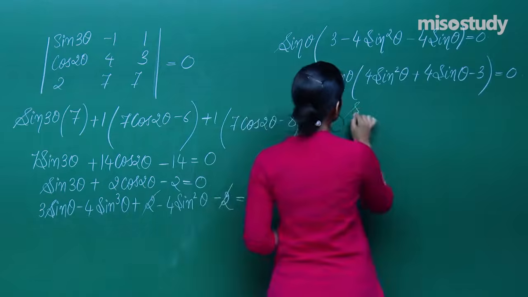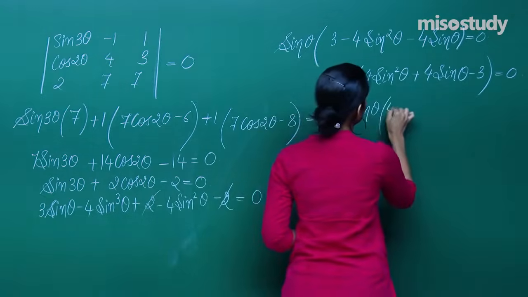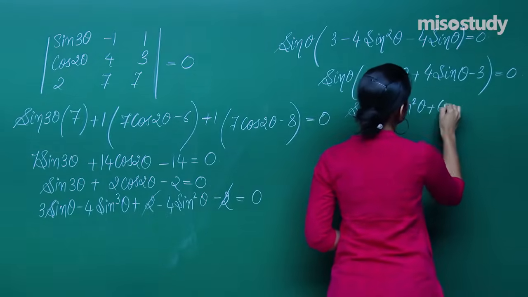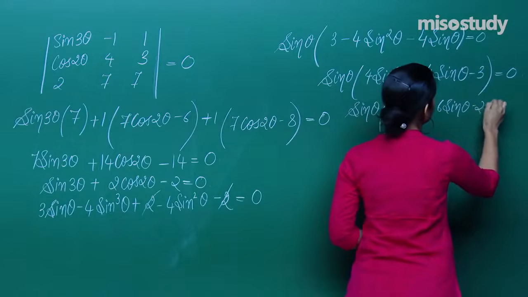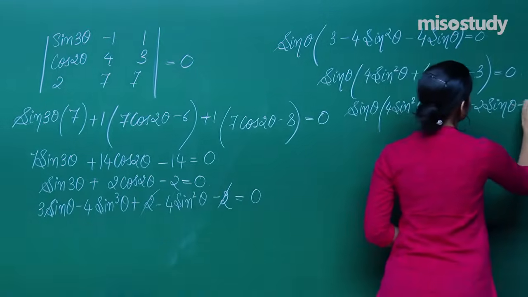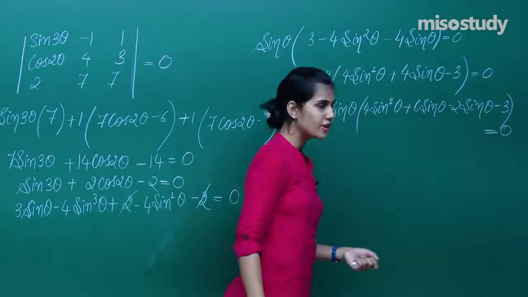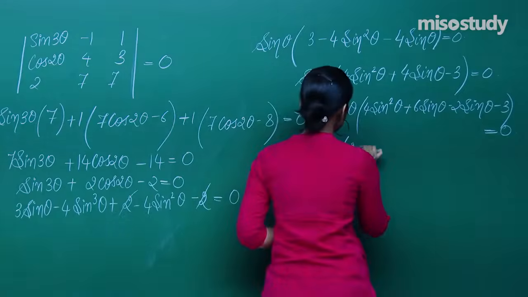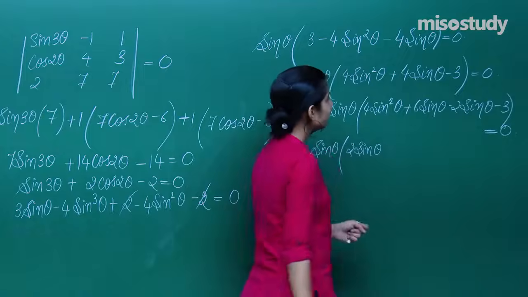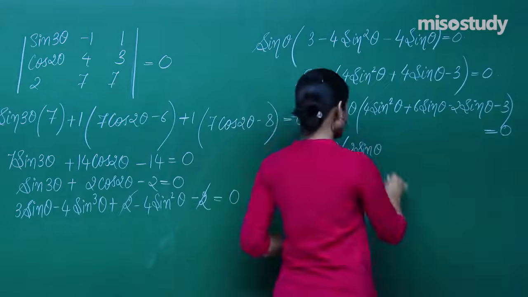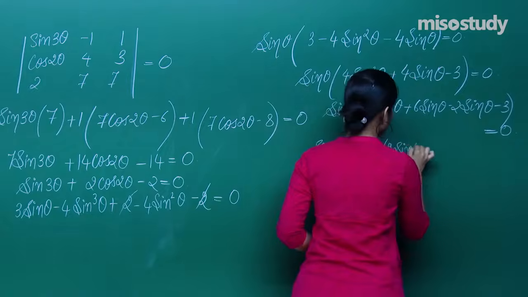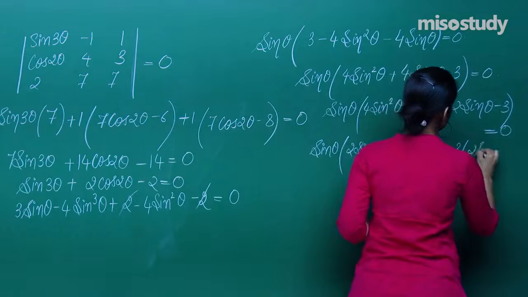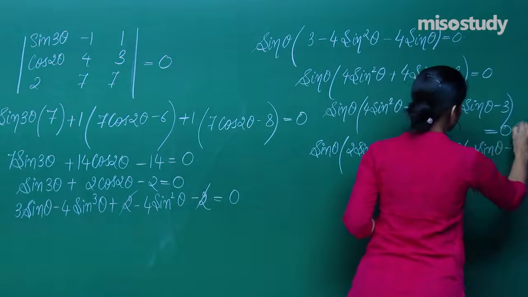Break the middle term: inside you have 4 sine square theta plus 6 sine theta minus 2 sine theta minus 3 is 0. That gives 2 sine theta common, you are left with 2 sine theta minus 1, plus 3 times (2 sine theta minus 1) is 0.